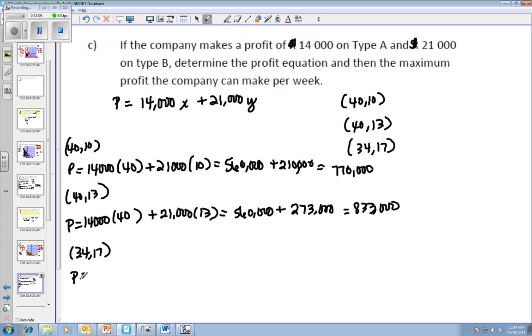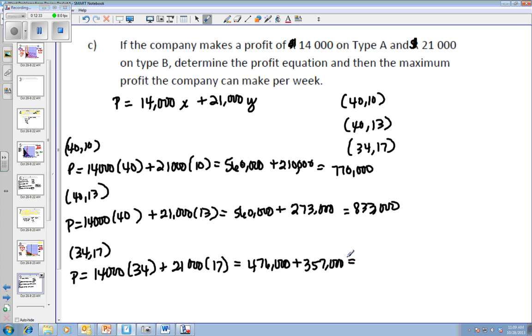So profit equals 14,000 times 34 plus 21,000 times 17. Okay, so 14,000 times 34 is going to be 476,000 plus 21,000 times 17. That's going to give me 357,000.